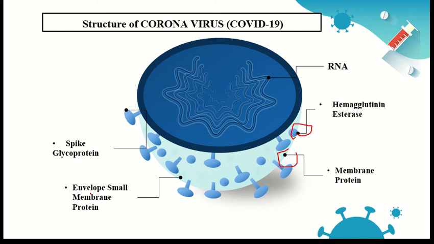And these are enveloped small membrane proteins. And these are the spike glycoproteins. Like other coronaviruses, the SARS-CoV-2 genome encodes spike glycoprotein, which protrudes from the surface of mature virions. You can see it in this figure. They play an important role in virus attachment and entry into the host cell.